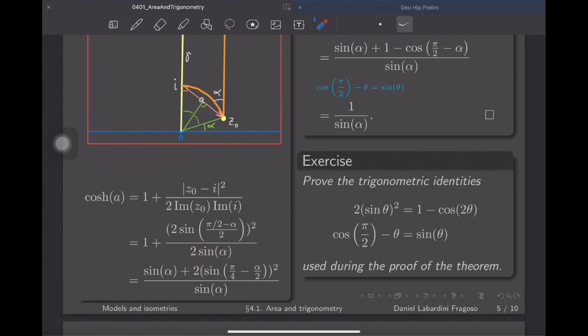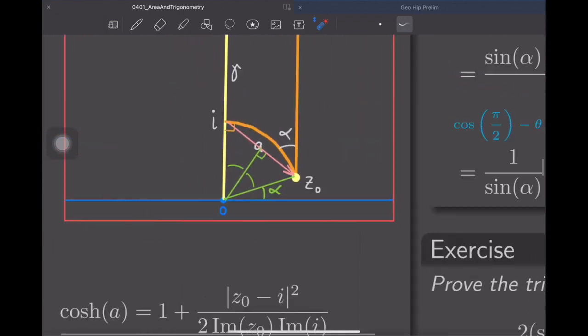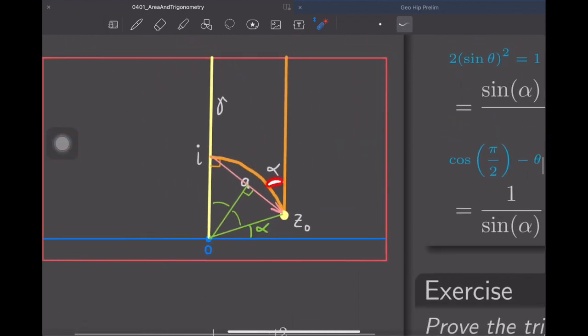Okay, so let's see why. Alpha is this angle, and what I'm claiming is that this angle alpha is equal to this other angle. When I say that, what I really mean is the angle between the tangent there, which coincides with this one, and the tangent to the circle there, which is some Euclidean straight line.